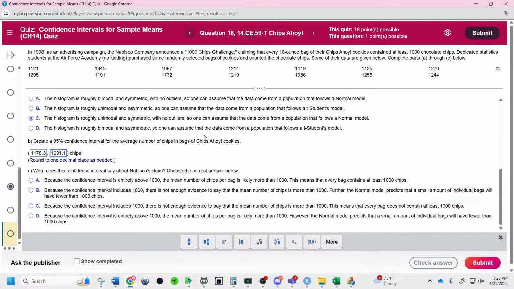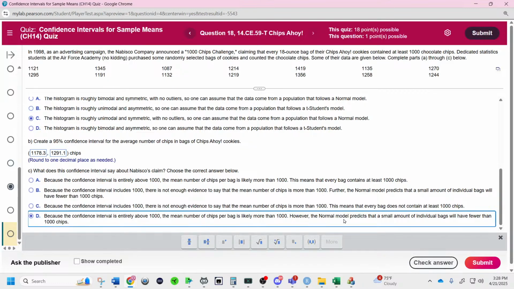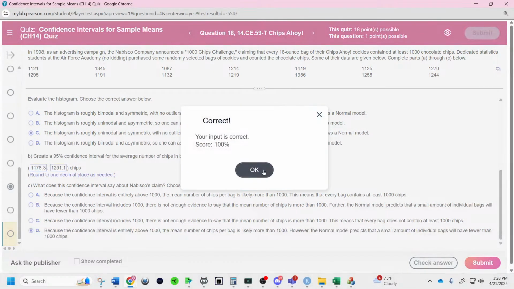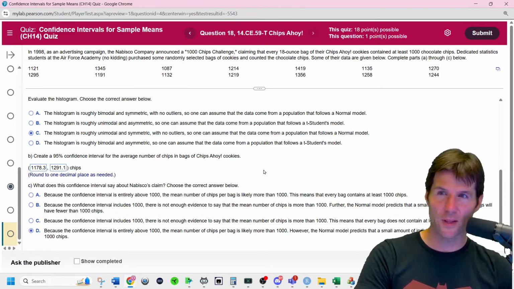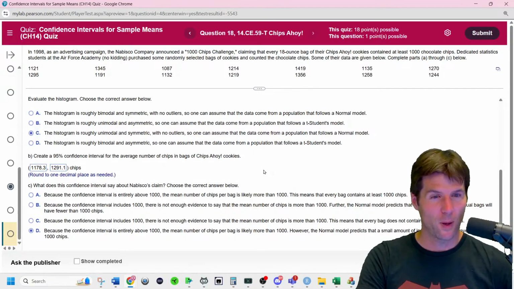But this is not about every single bag. It could be the case that some bags have more or less. Because the interval is entirely above 1,000, the mean number of chips per bag is likely more than 1,000. However, the normal model predicts that a small amount of individual bags will have fewer than 1,000 chips. Boom. Man, I really double thought that one, and I got it.